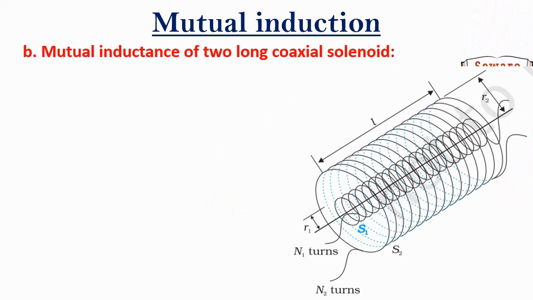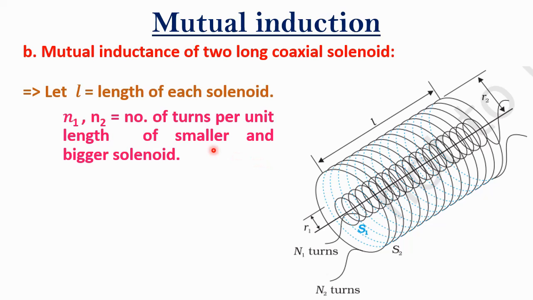First, we describe the different parameters to be used in order to derive the expression for mutual inductance of two long coaxial solenoids. Let L be the length of each solenoid. Small n1 and small n2 are the number of turns per unit length of the smaller and the bigger solenoid.